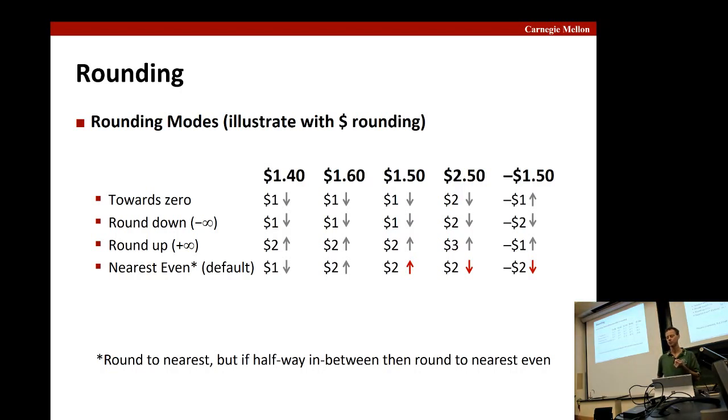The choices were either round up to $2 or down to $1. Since $2 is even, you round up to $2. $2.50, you round down to $2 to get to an even number. And negative $1.50, you round down to negative $2, again, to get an even number. And that's the default rounding scheme that exists. That's why it's important to understand.